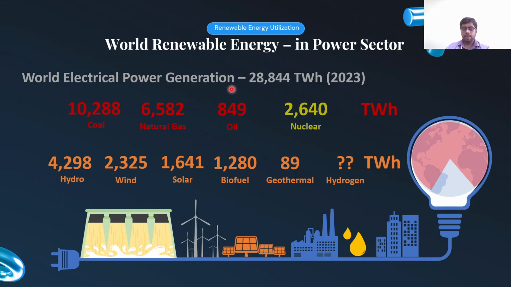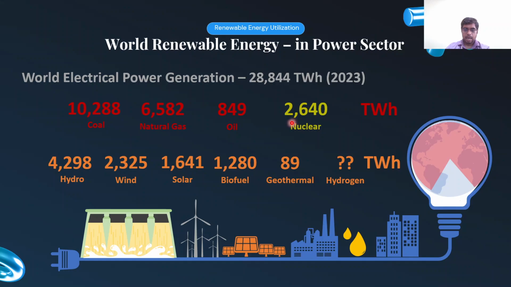Oil is mainly utilized for transportation, so only 849 or 850 terawatt hours is for electricity generation. And nuclear generates about 2,640 terawatt hours.